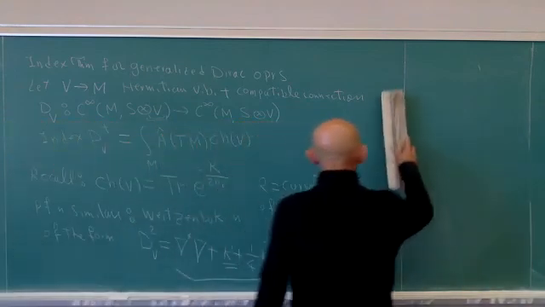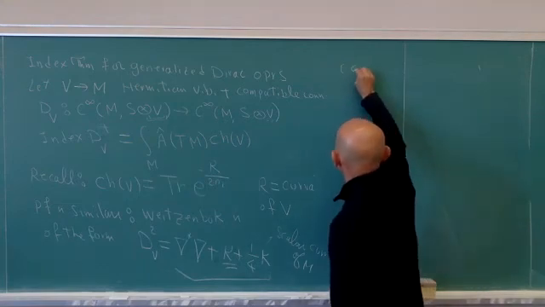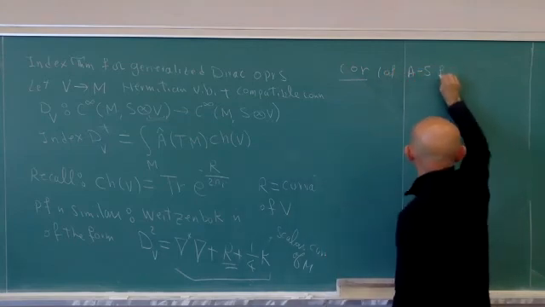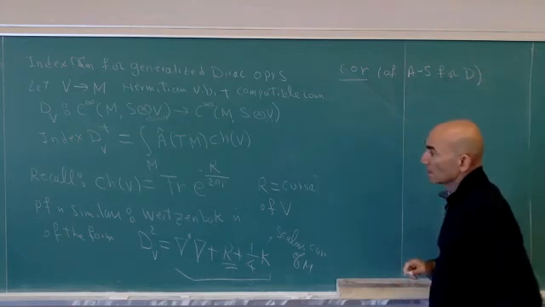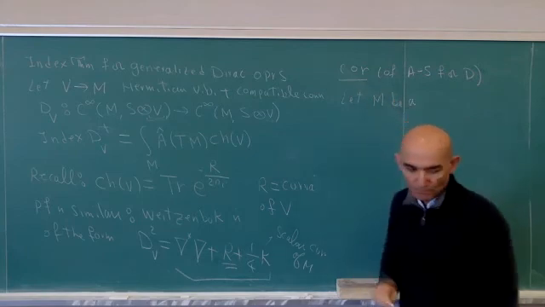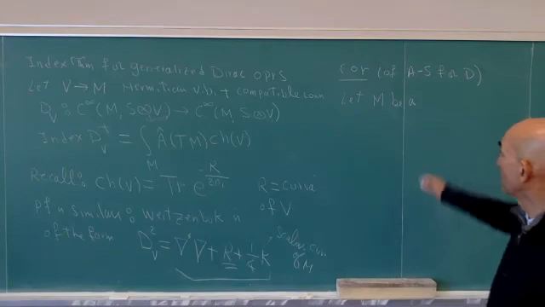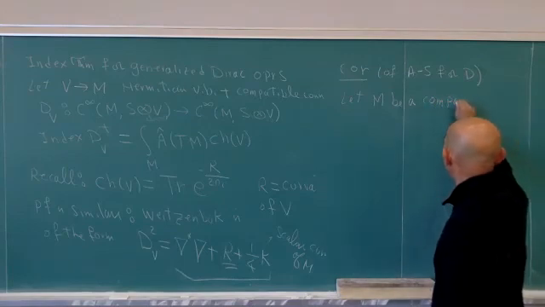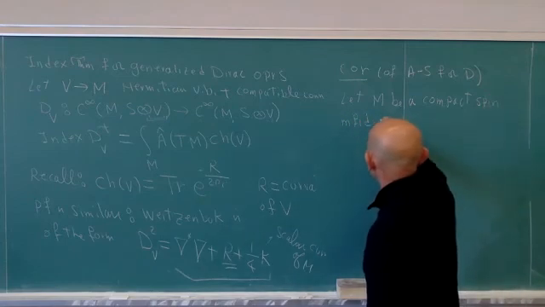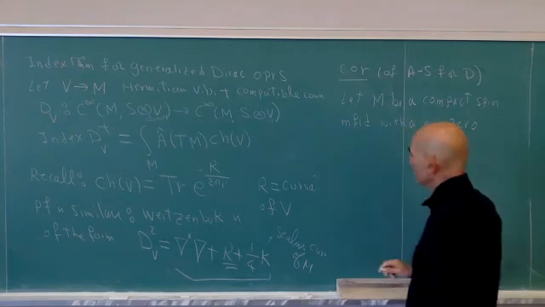But today I finish by writing one result, which is very standard. This is the corollary of Atiyah-Singer for Dirac. Let M be a compact spin manifold with a non-zero A-hat genus.